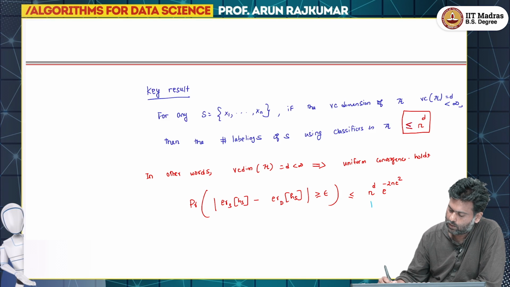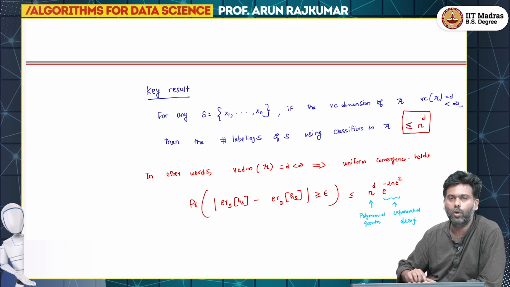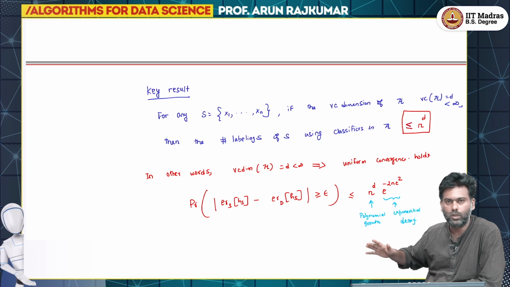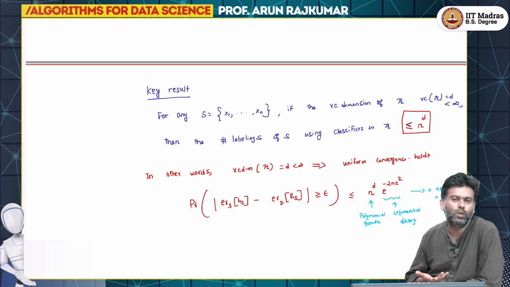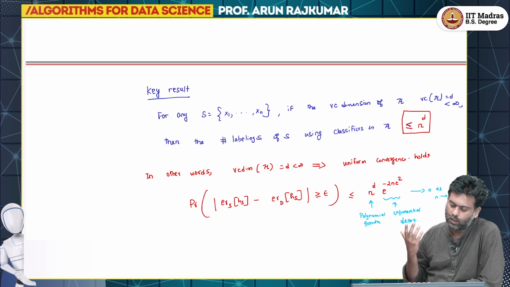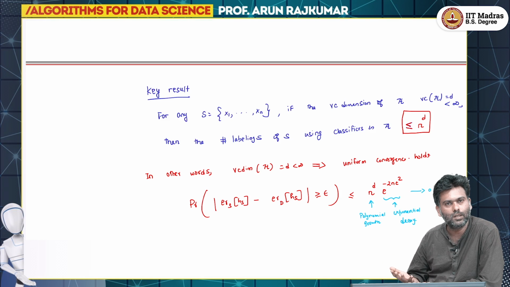Alright, so this part is polynomial growth, whereas this is exponential decay, and polynomial growth is much slower than exponential decay, so this goes to 0 as n goes to infinity, which means that if I get more and more samples and I am learning from a hypothesis class with finite VC dimension, then my algorithm will generalize. That's essentially what this is saying.